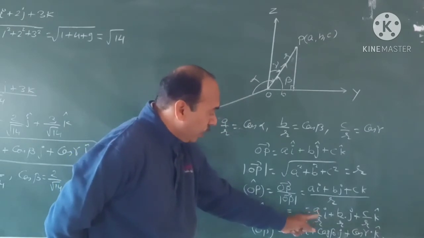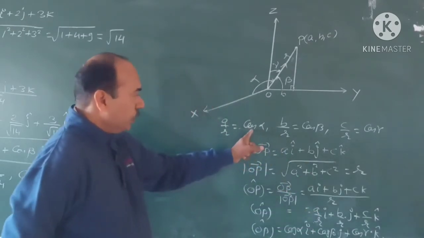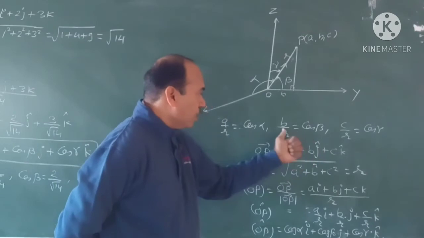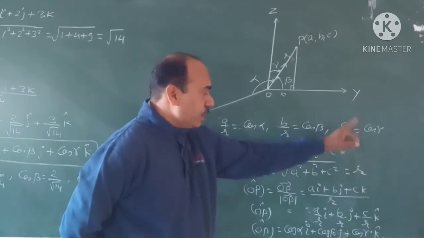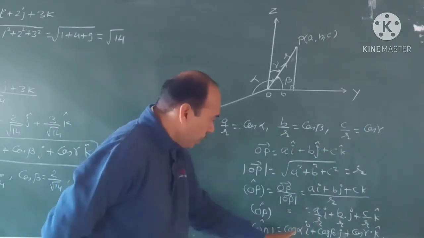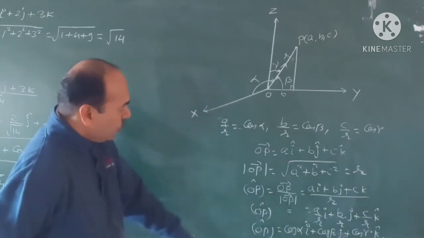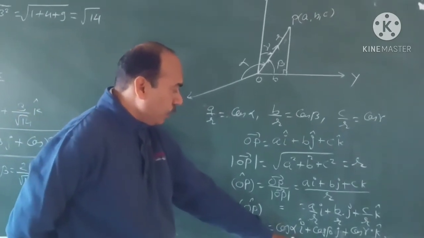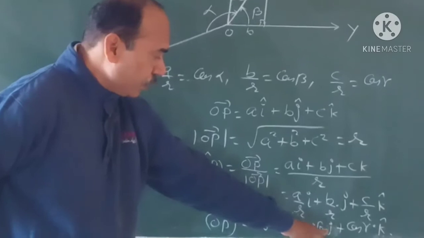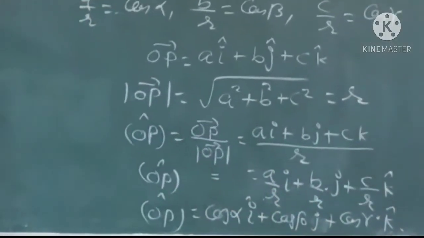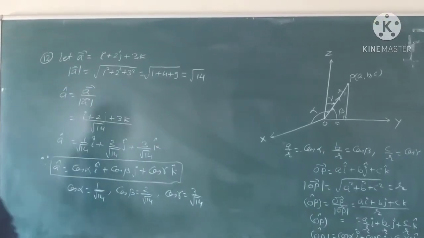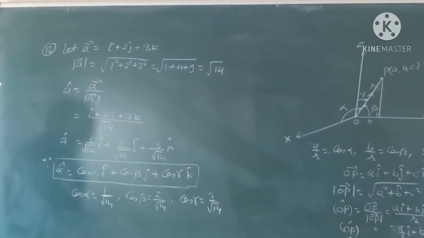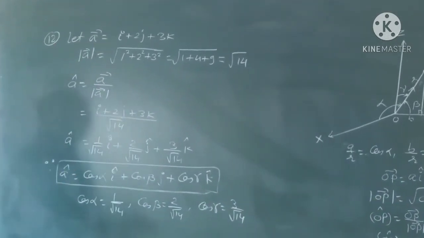A upon R is cos alpha, B by R is cos beta and C by R is cos gamma. So OP cap is equal to cos alpha i cap plus cos beta j cap plus cos gamma k cap.